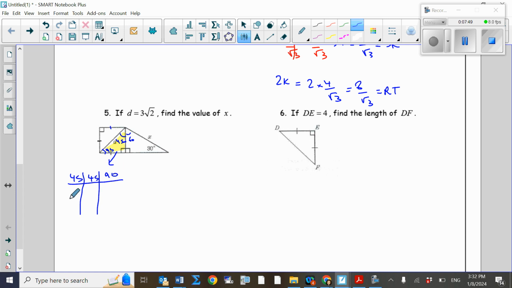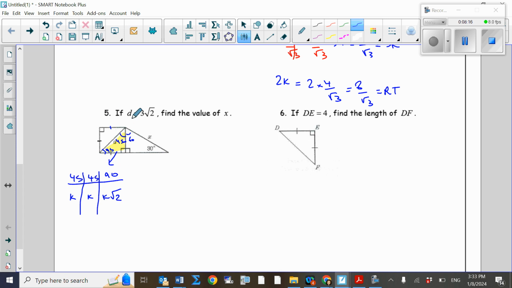The ratio of the sides is k, k, and k root 2. Notice I use the letter k here because I didn't want you to get confused with this x. I have called the missing side x. If I had called the ratios x as well, it would be a little bit confusing. Anyway, so what do I have?